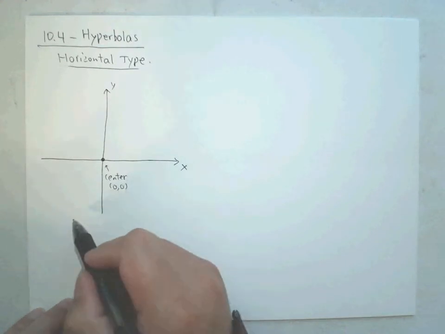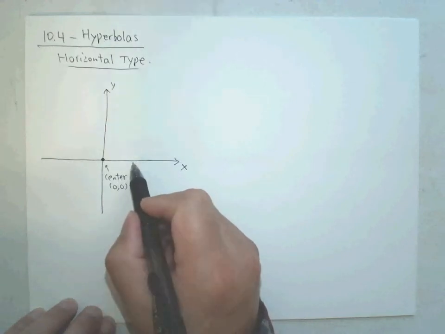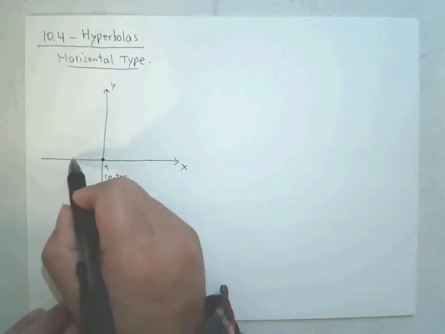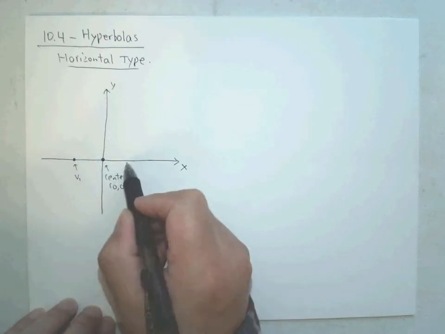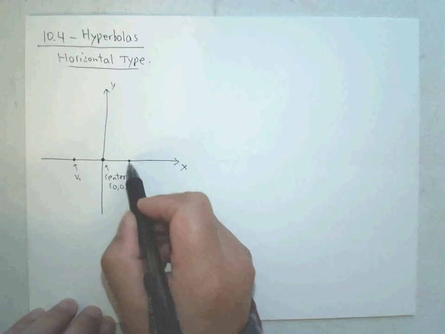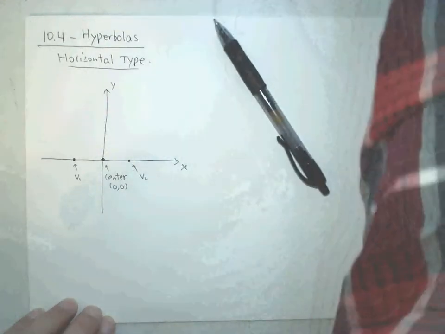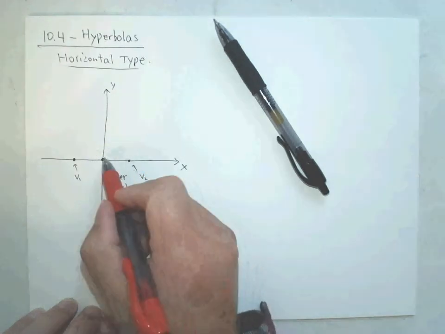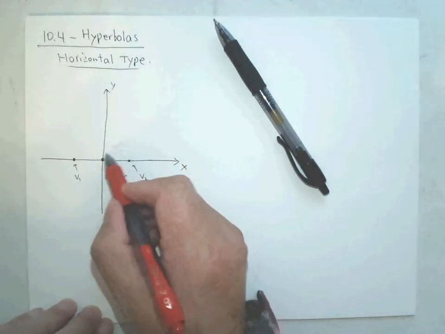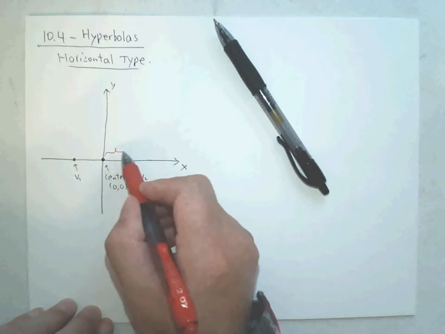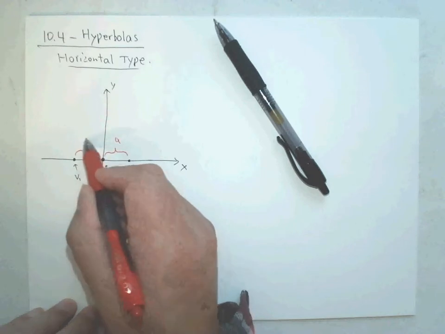I will put one vertex here, which we call V1, and by symmetry another point here, V2. If the distance from the center to the vertex is A, then this distance is also A. And then we have this kind of graph.